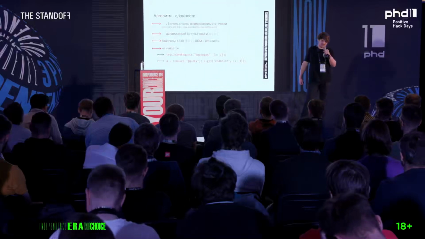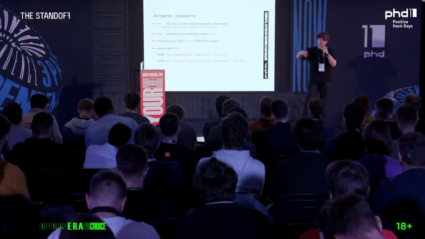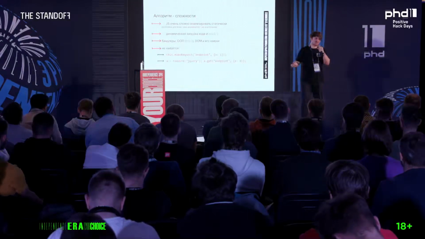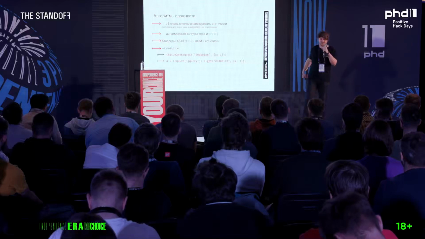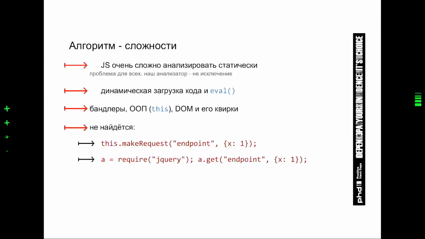is one such problem. Bundles and object-oriented programming. If you have this, you need to understand where this points to. We need to also model the DOM, and it's a difficult thing to do.